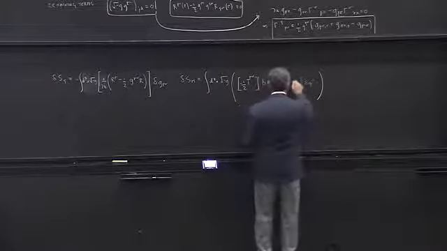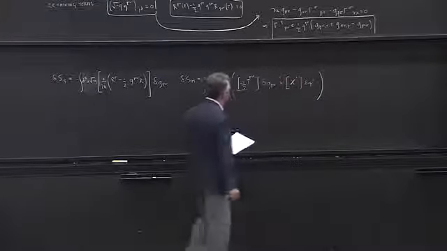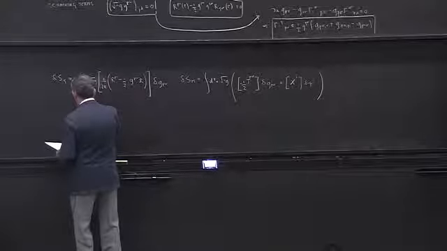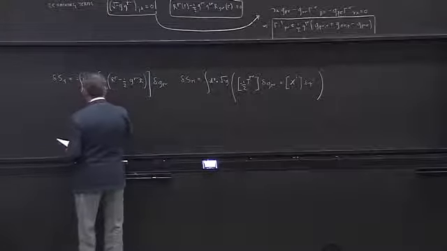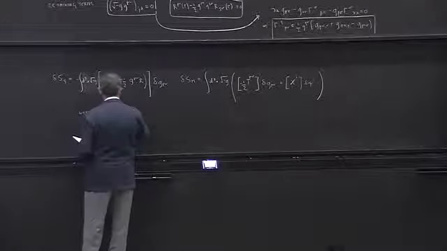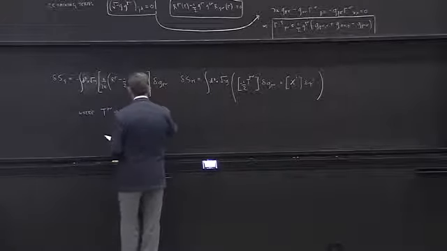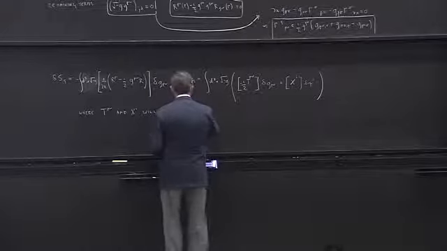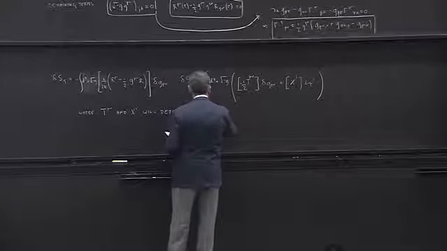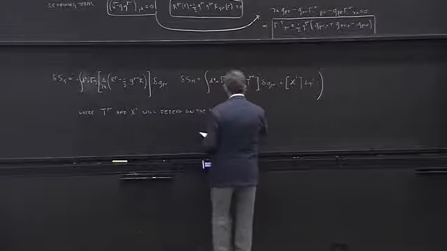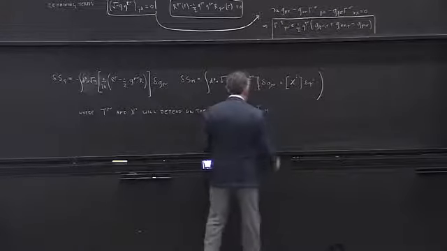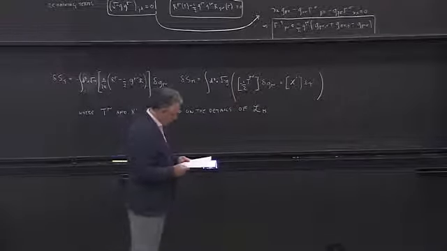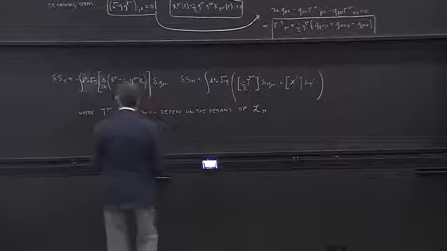And we're going to call what sits in here x I. And these objects, T mu nu and x I, will depend on the details of the Lagrangian. But we can read off what the equations of motion are.